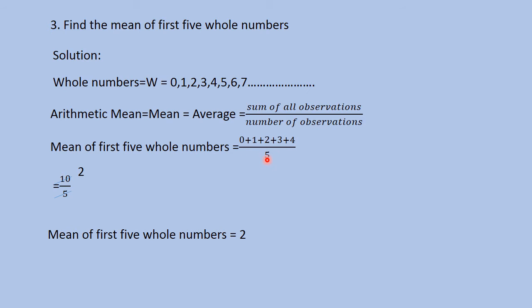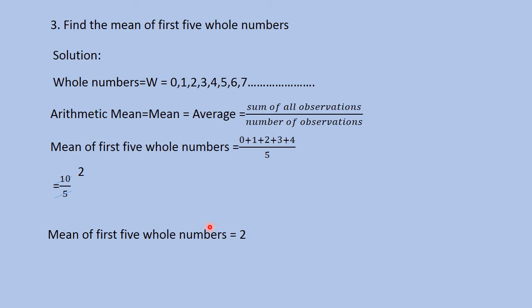So divided by 5, because there are a total of 5 whole numbers. 0 plus 1 plus 2 plus 3 plus 4 is 10. 10 upon 5, 5 2s are 10. So 2 is the mean of the first 5 whole numbers.